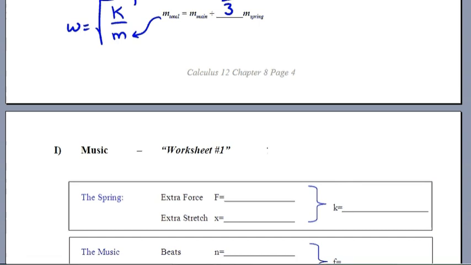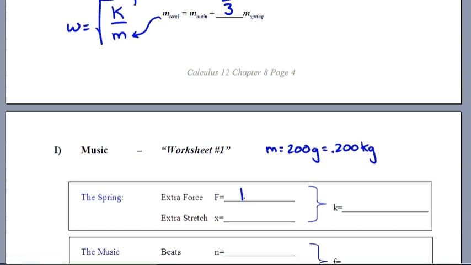So with a mass of 200 grams, or 0.2 kilograms, the weight of that is 1.96 newtons. Now I know I said a minute ago you never have to worry about the actual force of gravity, and that's true for the bouncing part, but we can use the force of gravity when we hang things to find spring constants.